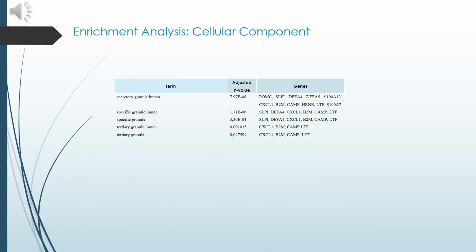The antimicrobial peptides were enriched in another gene ontology term, cellular component. Here we can see that the statistically significant terms were secretory granule lumen, specific granule, and tertiary granule.